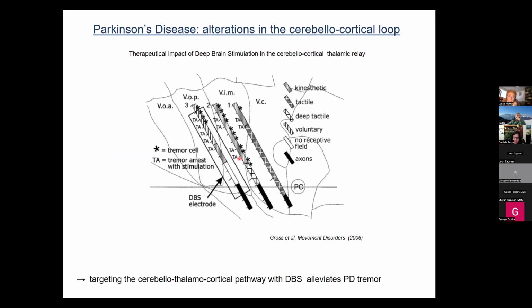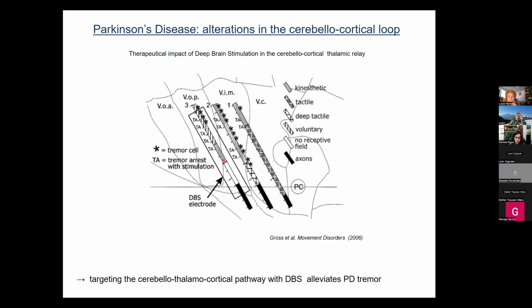We also know that this pathway can be a site for therapeutic stimulation. In this study by Gross, they recorded the activity of the cerebello-cortical thalamic relay. So this is the VIM, the ventralis intermediate nucleus in the thalamus. We know that this is the recipient of the cerebellum, and then it projects to the cortex.